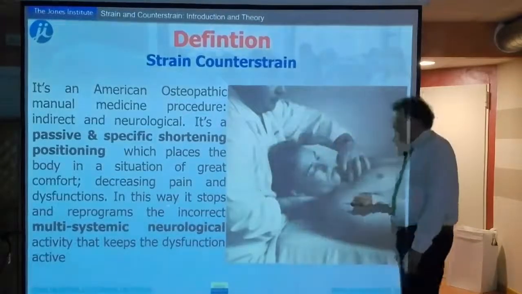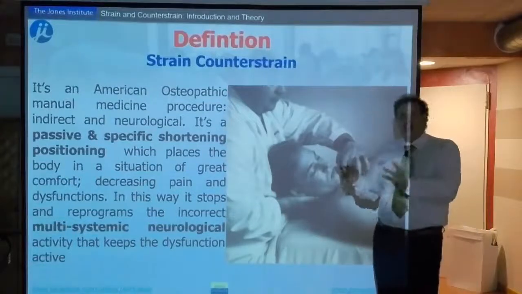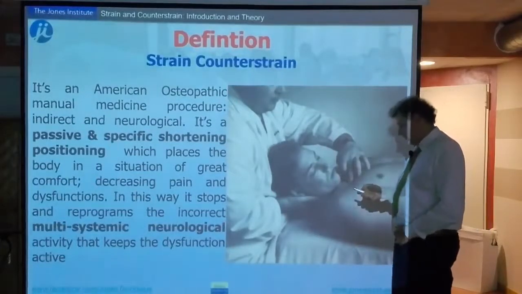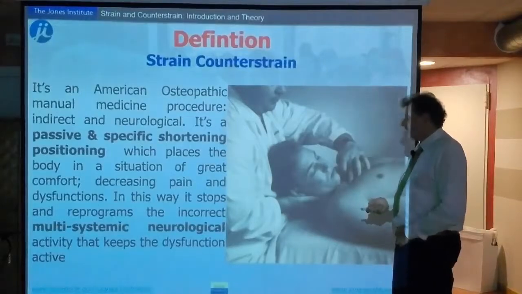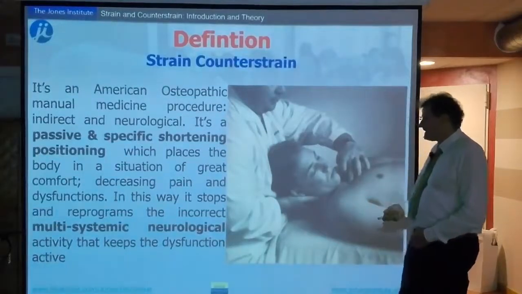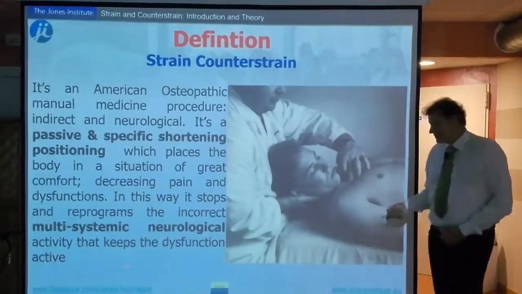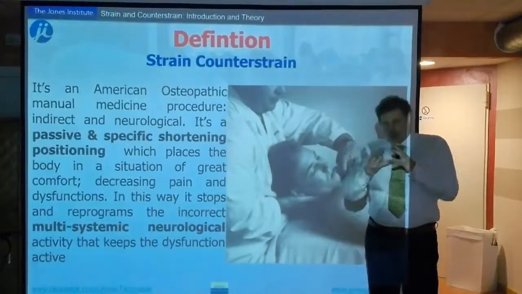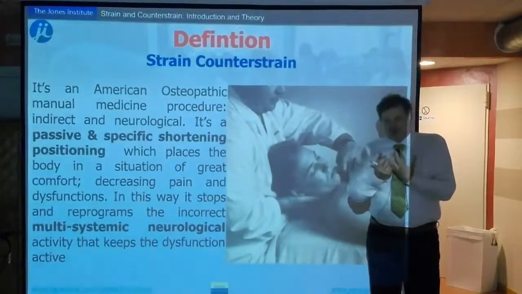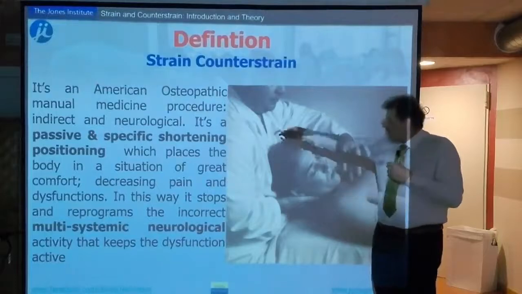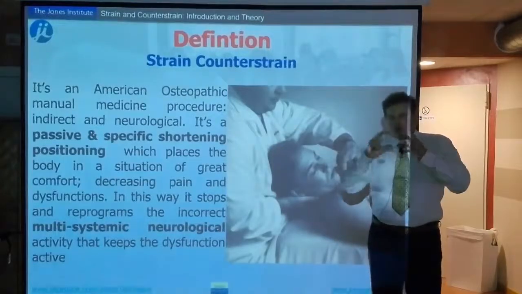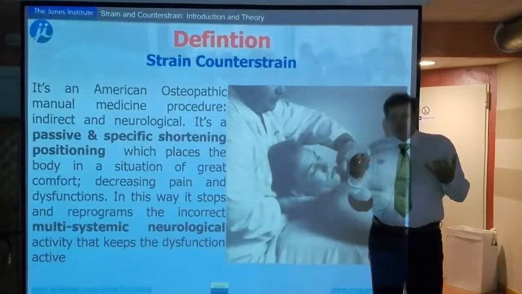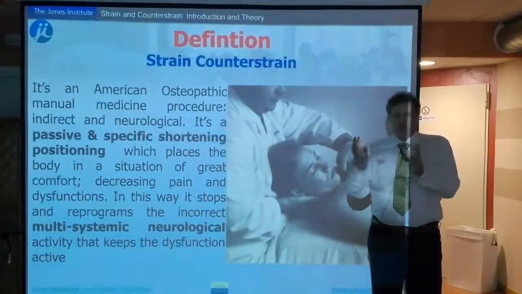And in this way, keeping it for a certain amount of time that we will see afterwards, it not only stops the pain, but it reprograms the incorrect multisystemic neurological activity that is keeping the dysfunction active. So when we shorten, we will switch off this wrong neurological reflex, and we will regain the normal situation and activity of that body segment.